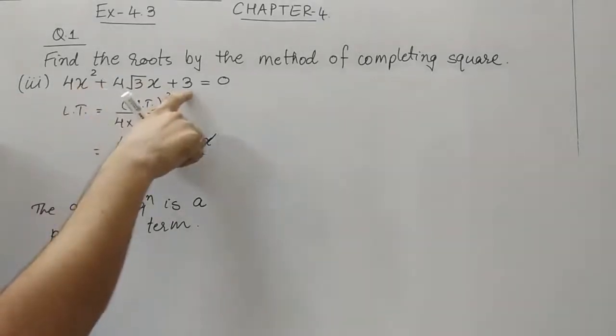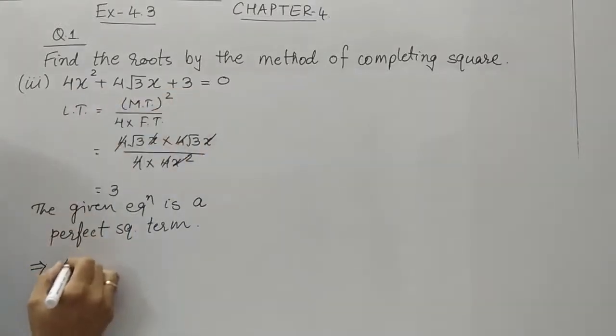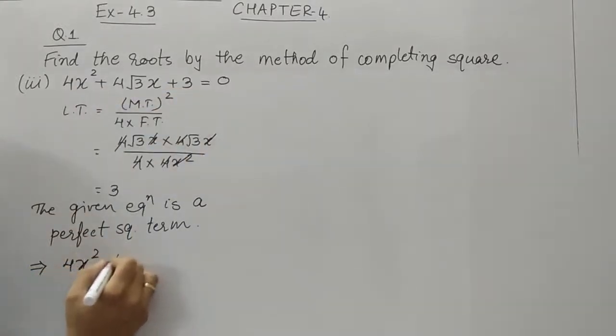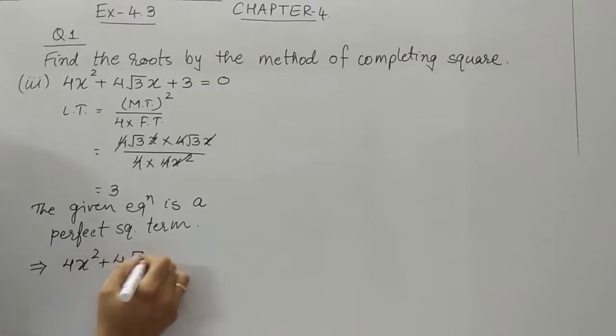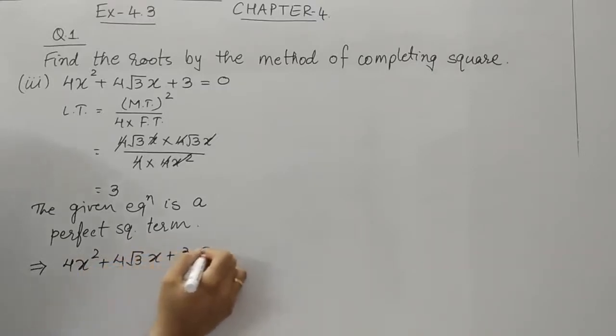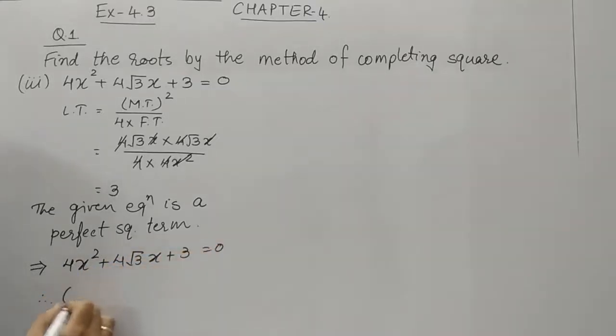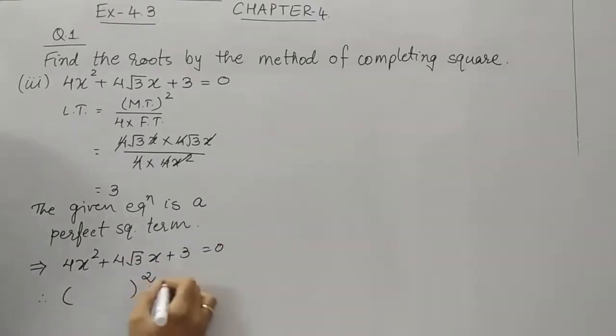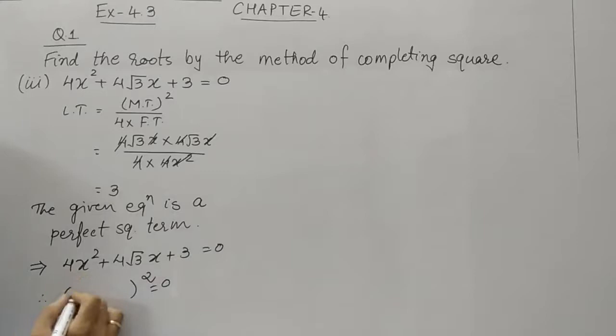These are the factors of which number? Let me just write down the question here and then I note it down. How will we do it? This must be a perfect square as we discussed. How will we write it? The square root of the first term, that is 2x, sign of the middle term, and the square root of the last. 3 is not a perfect square, so it should be written as root 3.